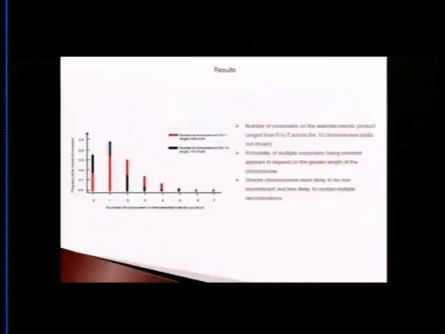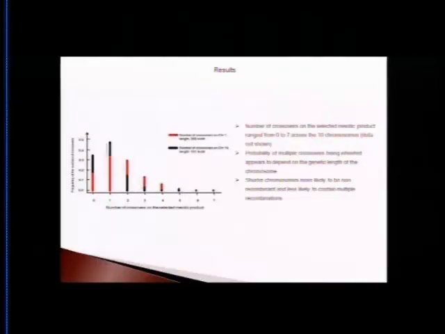These are the number of crossovers on the selected meiotic product, using the simulation methodology that I've described just now. The likelihood of multiple crossovers being inherited was higher for longer chromosomes, like red, which is chromosome 1.